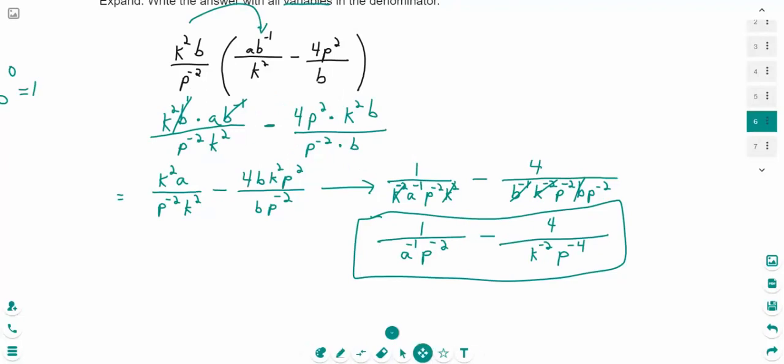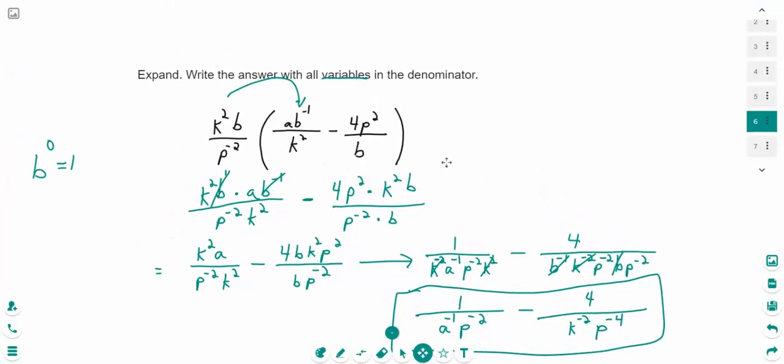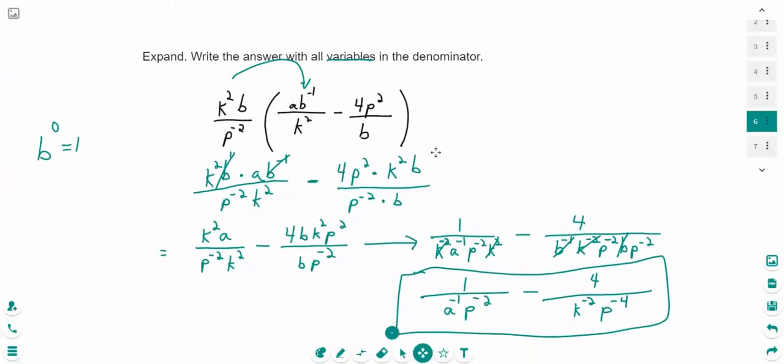So just as a recap, we didn't really learn anything too new today. We just were looking at how to work with negative exponents and how we can use that to help us simplify problems a little bit more easily. And we looked at different ways in which a solution can be expressed.